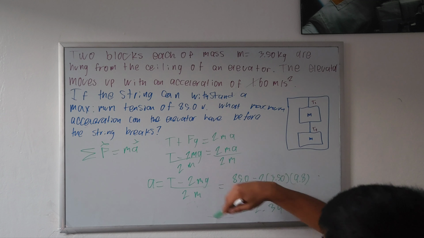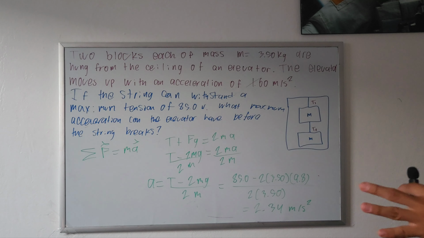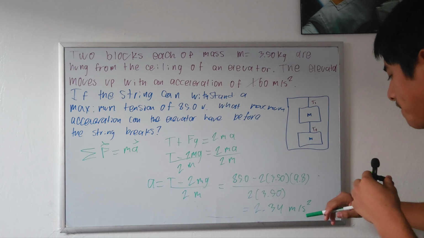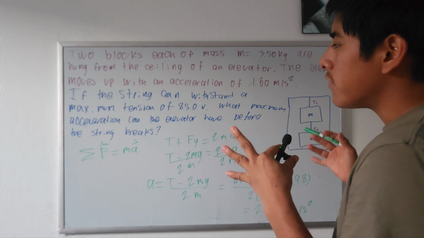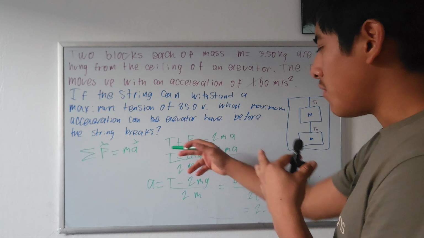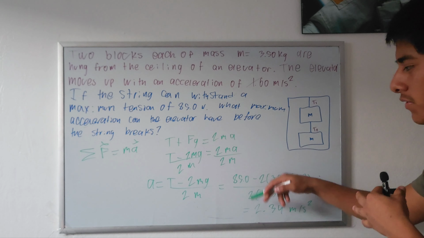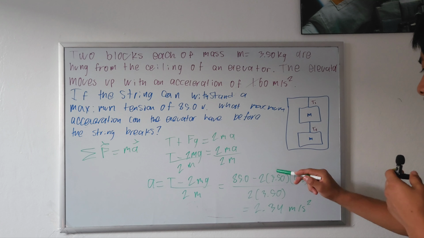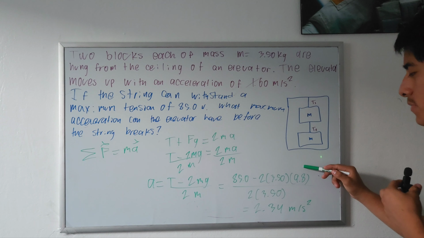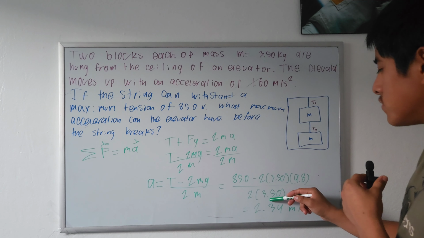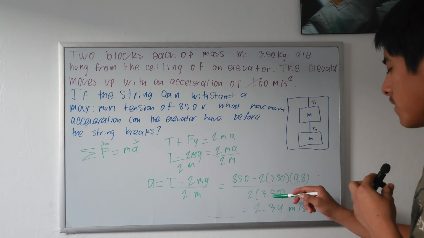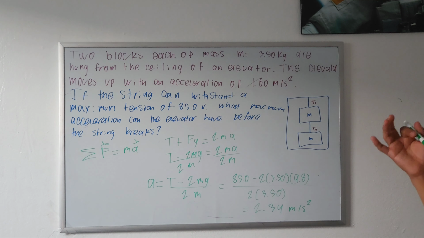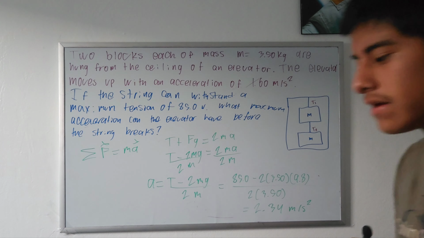Now, I'm not writing the newtons because I'm trying to do this really fast so I could fit in a lot of problems in the video, but if you're taking physics, then you'll know how you end up with these units, or you could just track it. This is in newtons, this is in kilograms, this is in meters per second squared, this is also in kilograms. So this stuff cancels out.